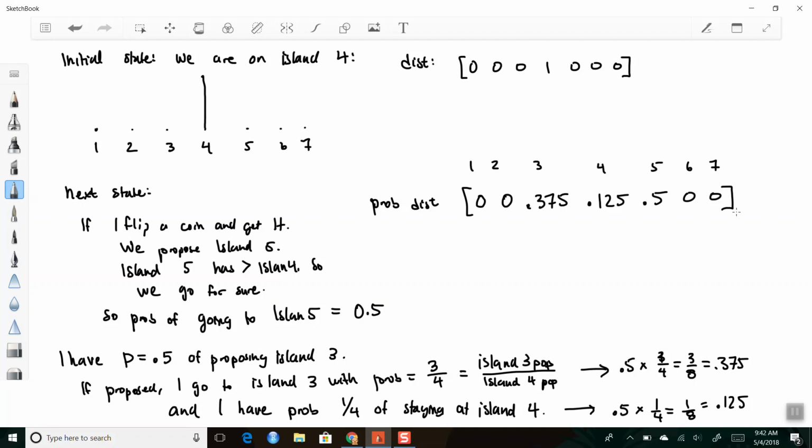So this represents basically the transition from island 4 to the other islands, right? So this is equivalent to the 4th row of our transition matrix.